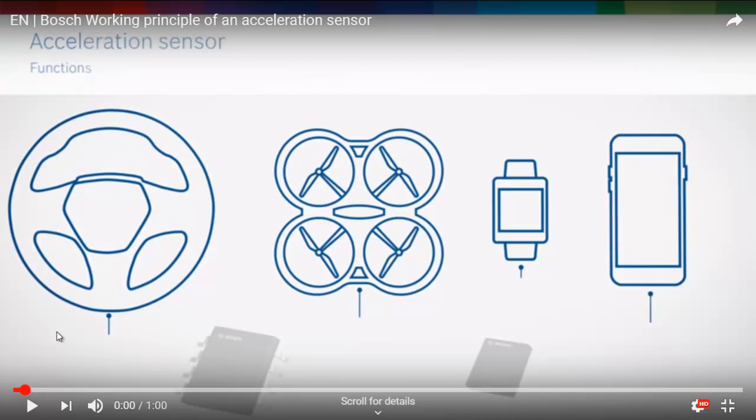In the case of a smartphone, you typically have a 3D accelerometer. Do you remember what I said when I showed you the iPhone situation? In the iPhone and in all high-end smartphones, you typically have two types of 3D accelerometer. One is extremely low power, and that is always on.